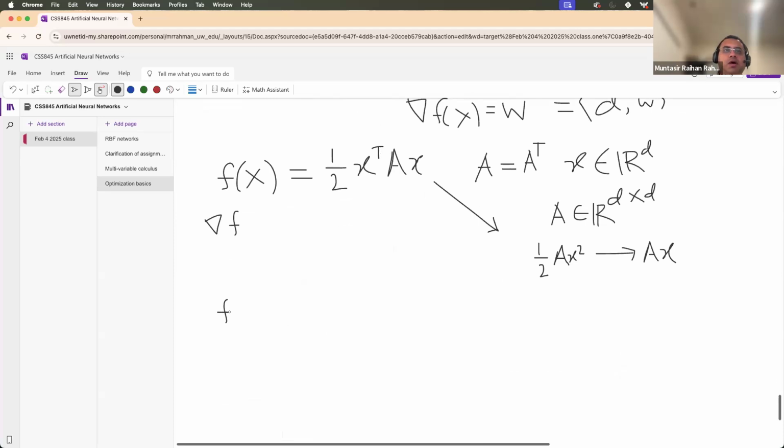It's f of x plus alpha d, minus f of x, divided by alpha, and we take the limit as alpha goes to 0.